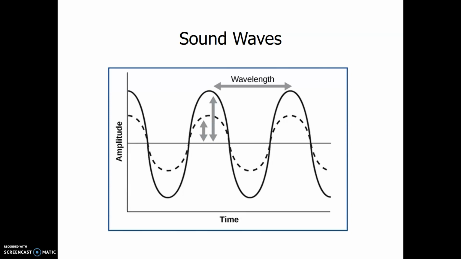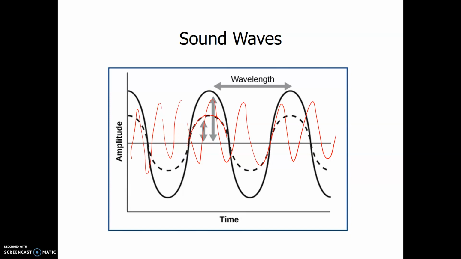All right, sound waves: a sound wave with a higher amplitude is a louder sound, and a sound wave with a lower amplitude, like this, is a quieter sound. Frequency is how many of these waves pass in a given time. Here you would see one frequency, but I could draw an even faster frequency, like this. A faster frequency is a higher pitch.